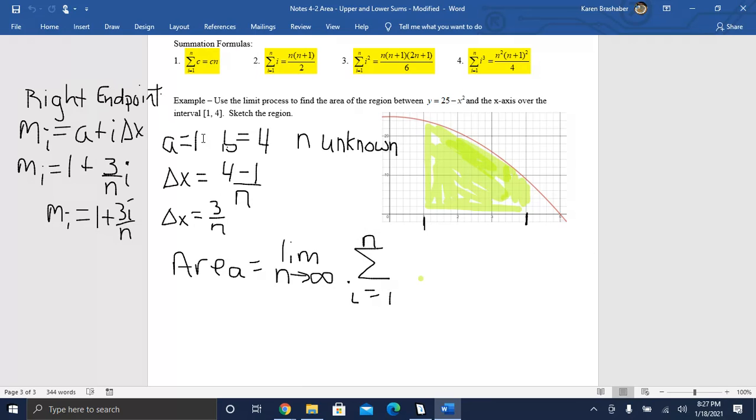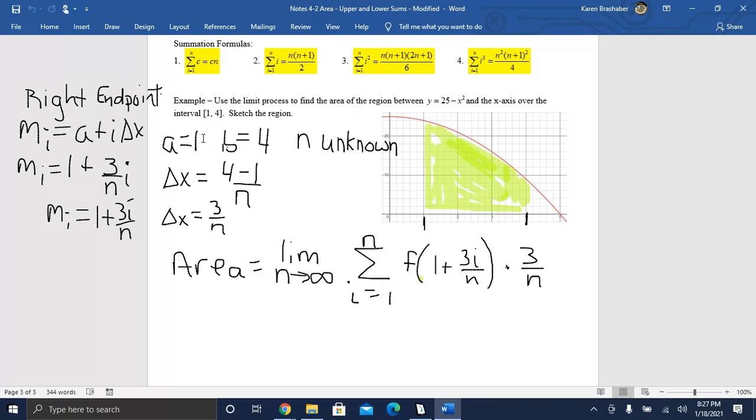Our number of rectangles is unknown. F of 1 plus 3I over n. So this is our value that we'll substitute in for x, times our delta x, our width, which is 3 over n. And again, hopefully that width makes sense to you.